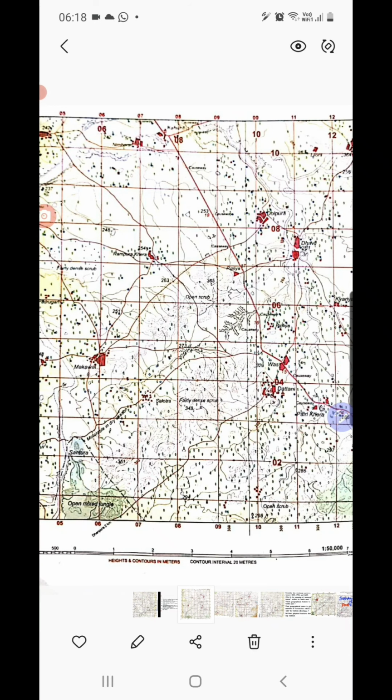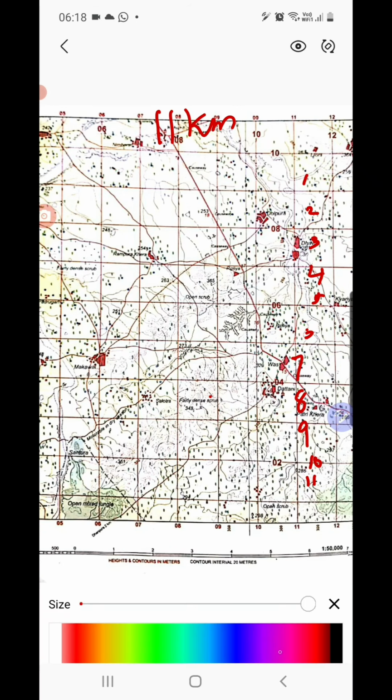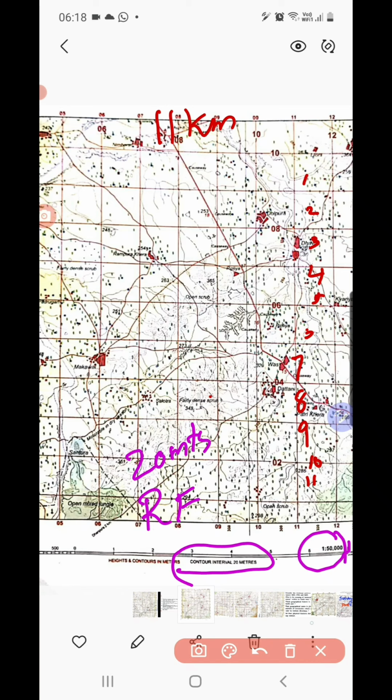Okay. Now what is the scale of this given map extract? You see, 1:50,000. Otherwise, if the question is what is the RF, the representative fraction is 1:50,000. And here I told you that different scales are there. 3 types of scales you have already studied.